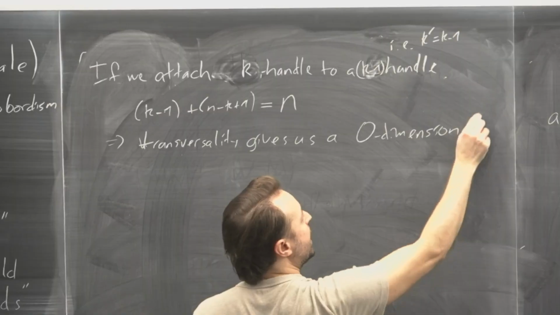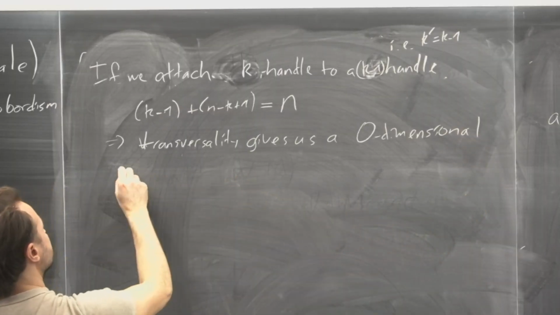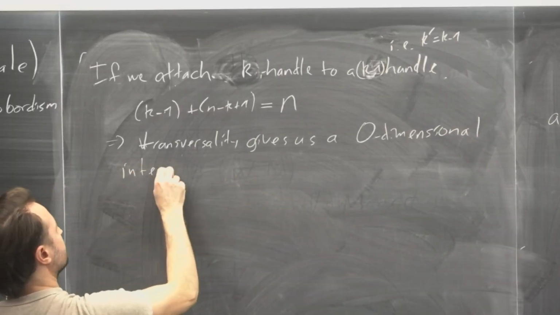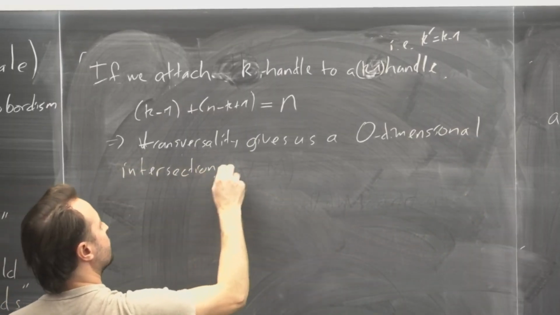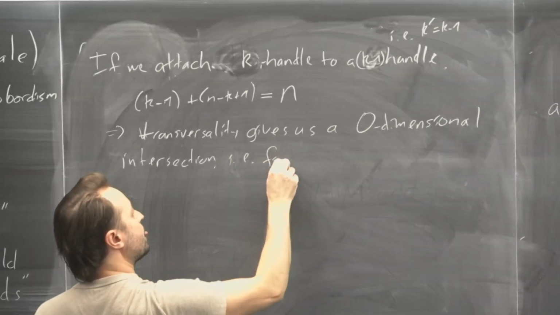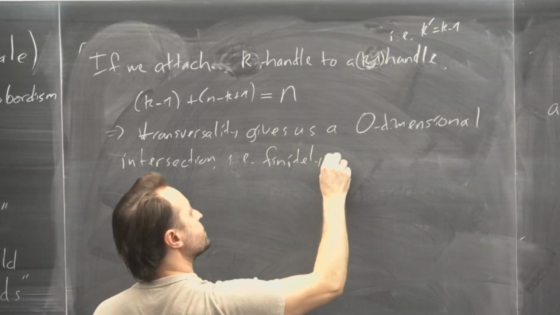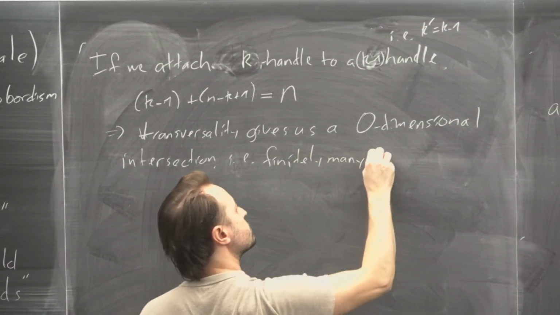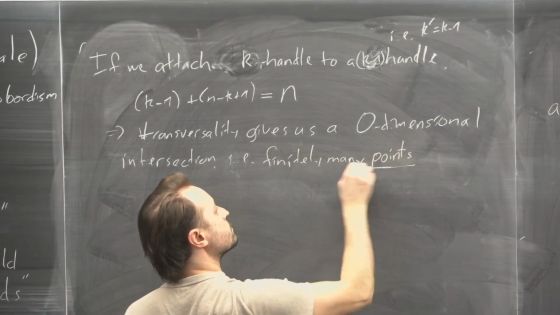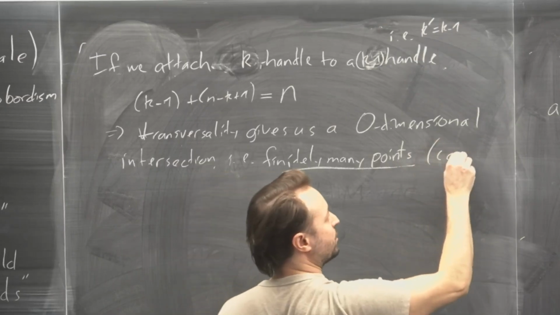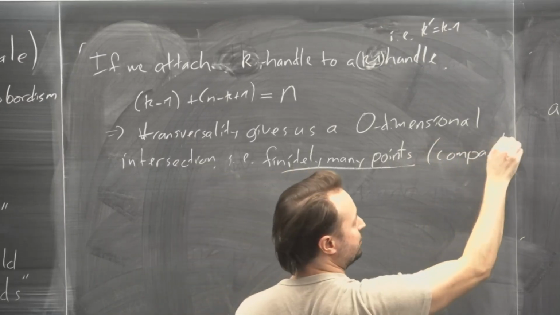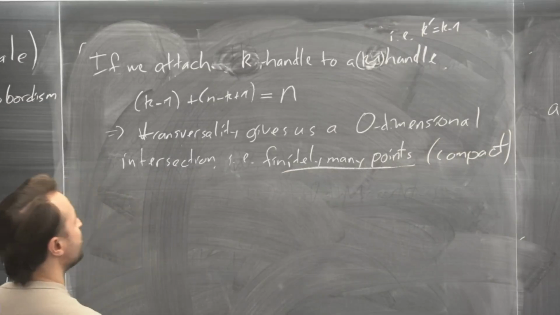Since everything's compact, you get finitely many points. So here's one place where compactness actually makes an appearance. You get finitely many points.